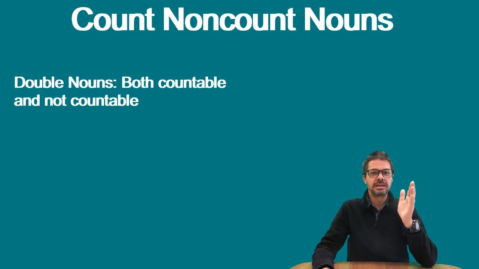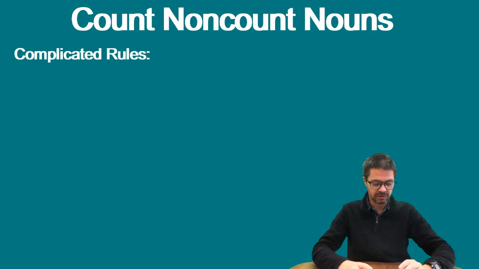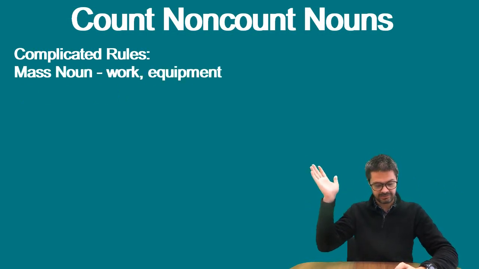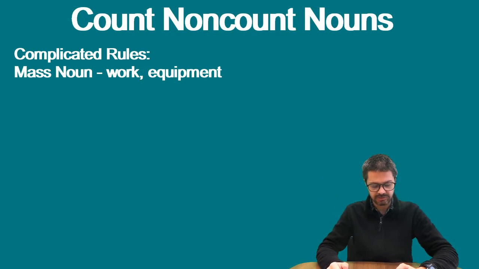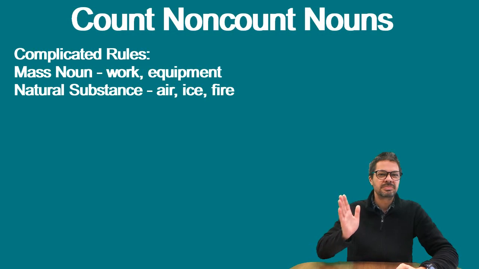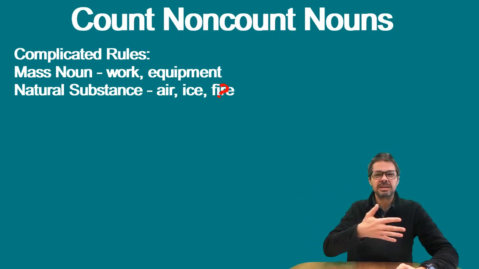Good. Actually, there's some long rules here, and I looked them up online, and they said a non-count noun could be a mass noun, which is something like work or equipment or homework. Or it could be a natural substance, air, ice, water, fire. But again, fire could be either one, right?